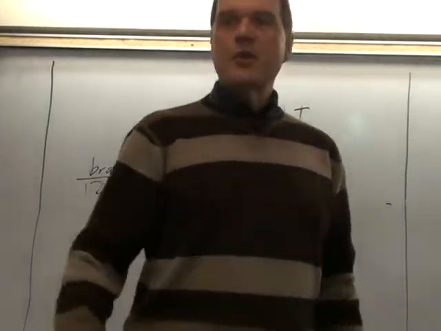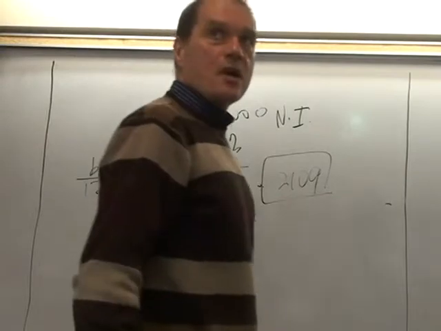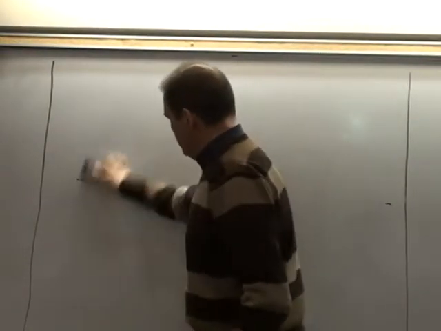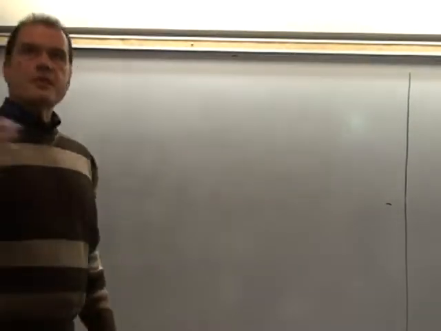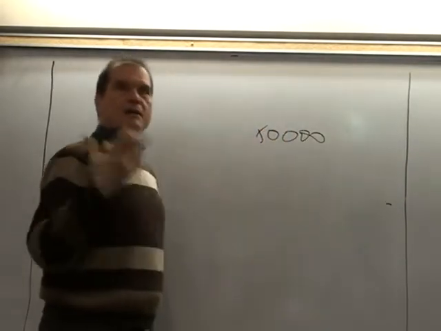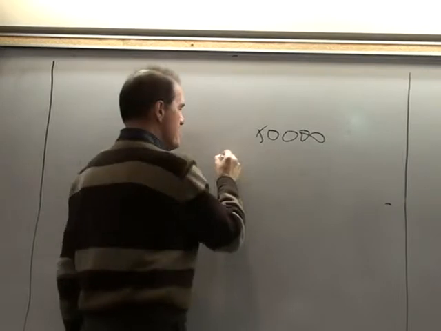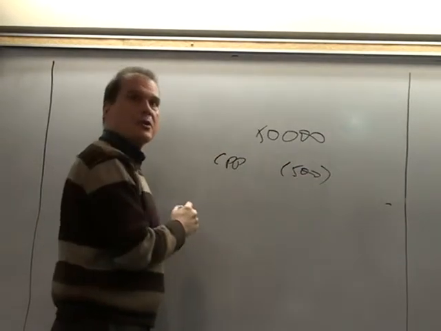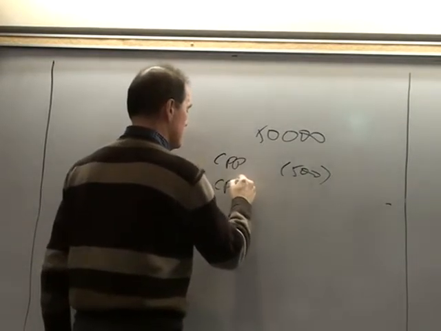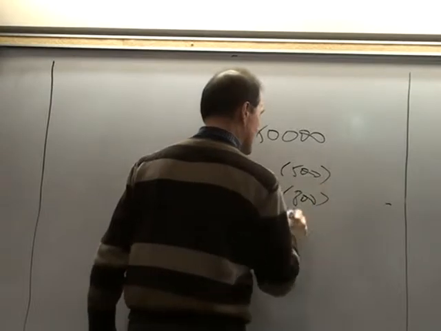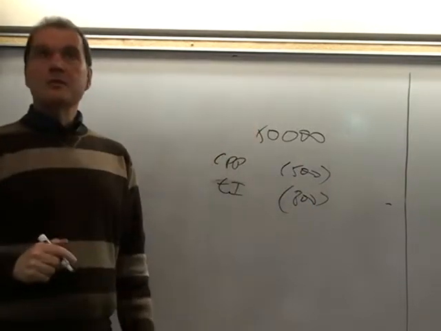Very common tricky tax question on exams looks like this. A person received a salary of $50,000 and their employer deducted CPP of $500 and employment insurance of $800. How much is the net income?